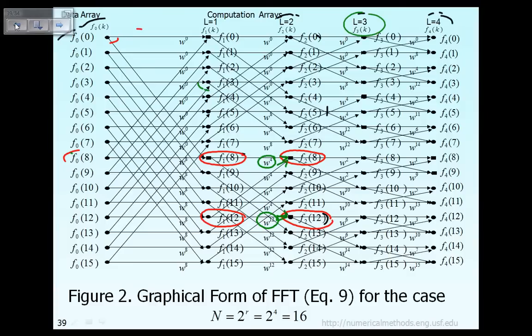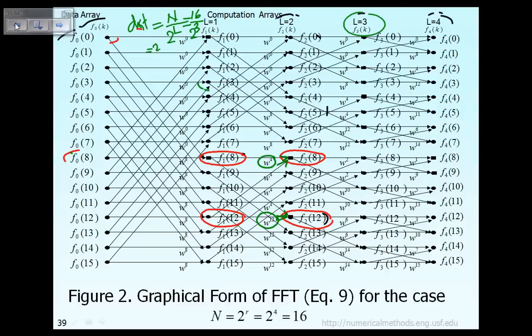According to the formula, node K and the companion node of node K will be separated by the distance equal to N divided by 2 raised to the power L. So if level L is equal to 3 and N equals 16, then this ratio becomes 2. 16 divided by 8 is 2.